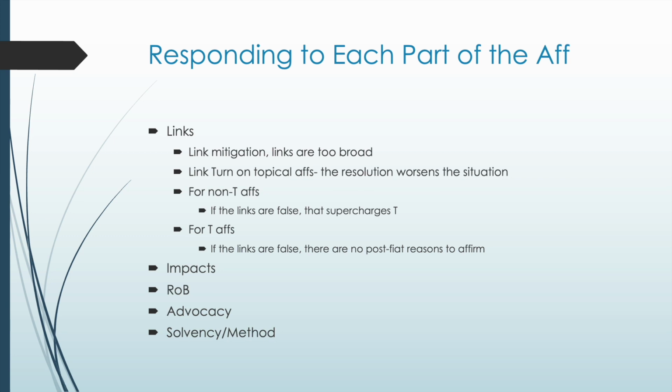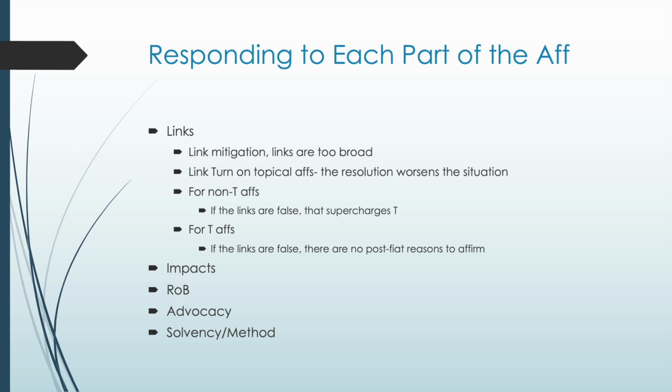This link debate is very familiar to link debates in any other subset of debate, but the implication is a little bit specific. So for a non-topical aff, the links are saying the resolution is violent, so I can't defend it.